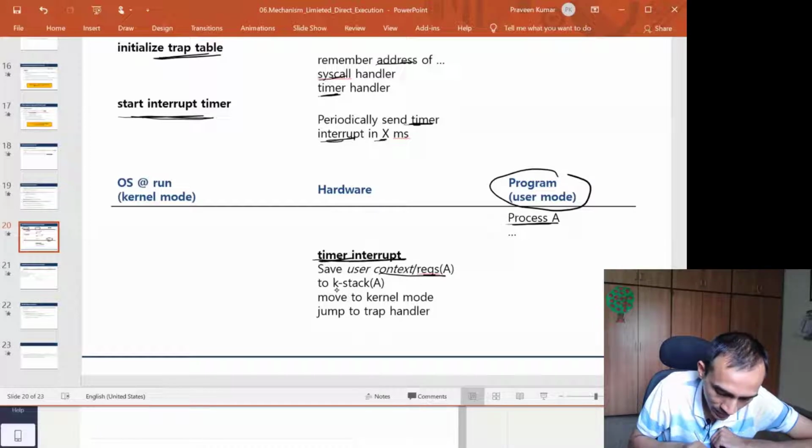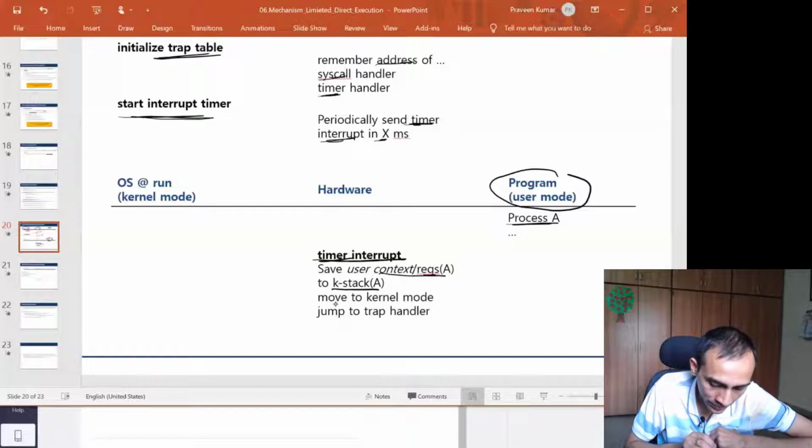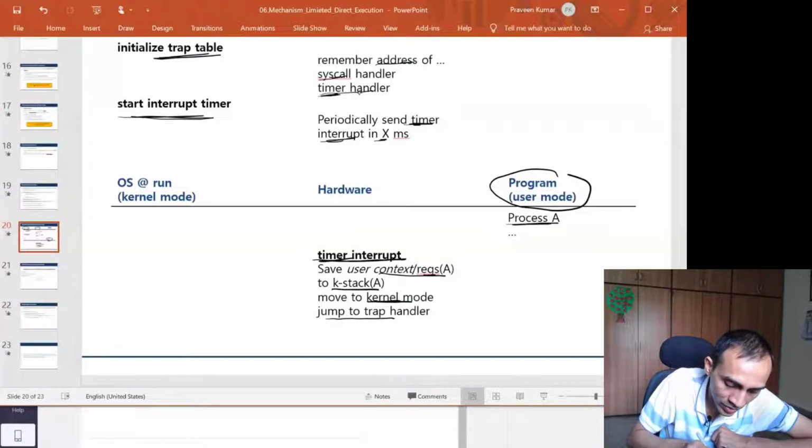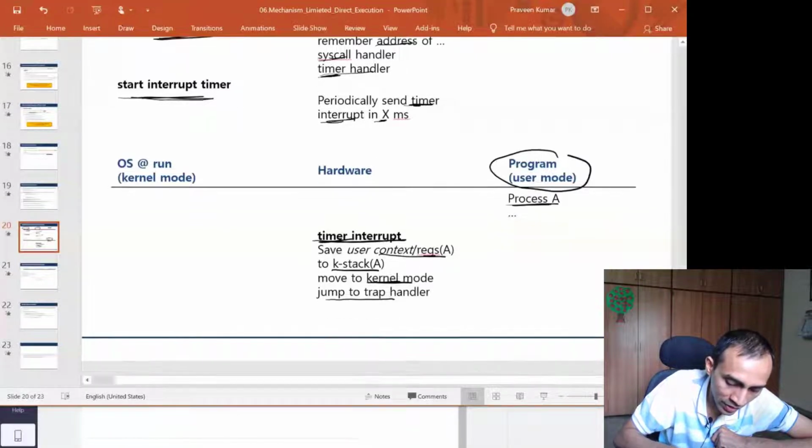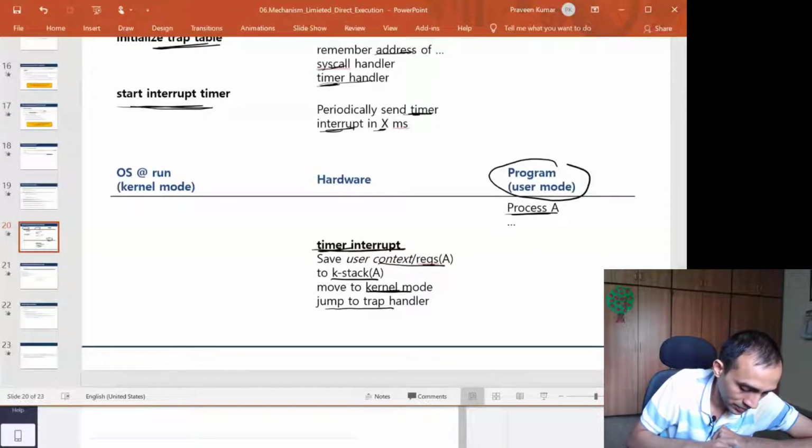Then the hardware will change the CPU mode to elevate the privilege to kernel mode, and it will jump to the specific trap handler, which is your timer handler now, because the timer has been raised. So the OS will execute the code which is meant for handling the timer interrupt.